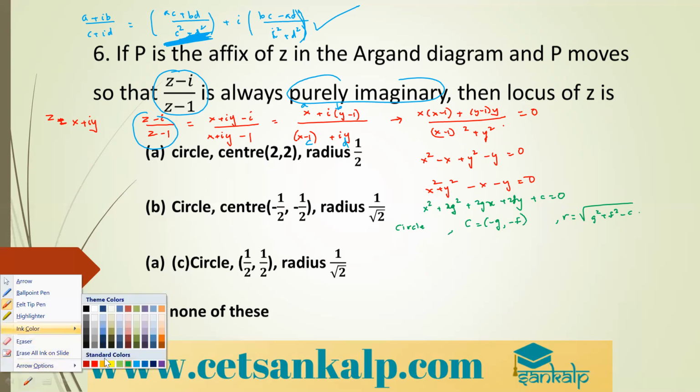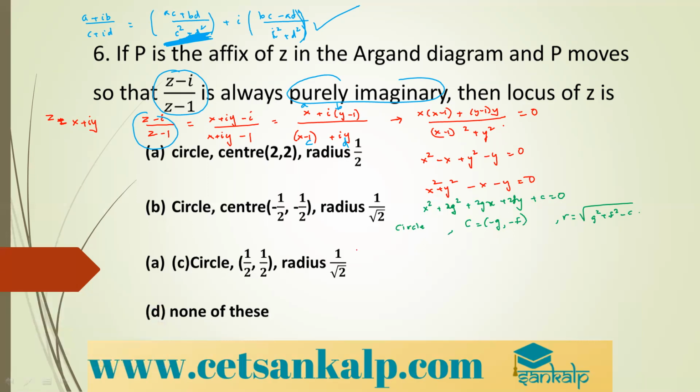So first of all, I must know what is g. This is x square plus y square. So when you compare, 2g is minus 1, and then 2f is minus 1, and c is 0. So g I will get minus 1 by 2, f I will get minus 1 by 2, and c as c.